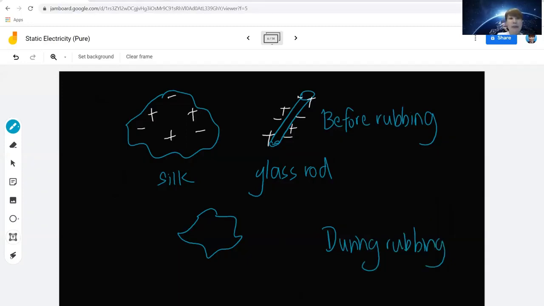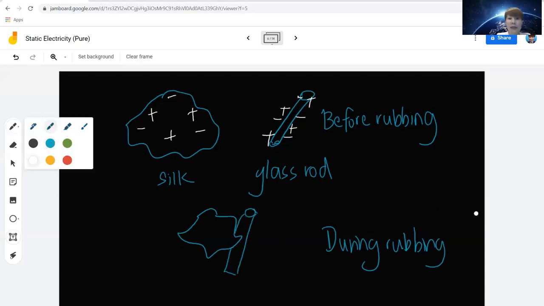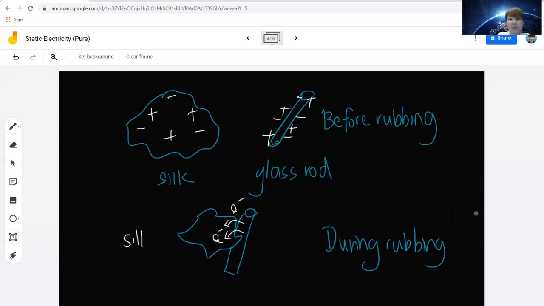The electrons get transferred wherever there was contact between the silk and the glass rod, over to the silk. So the silk gains electrons in the process of rubbing, whereas the glass loses electrons.